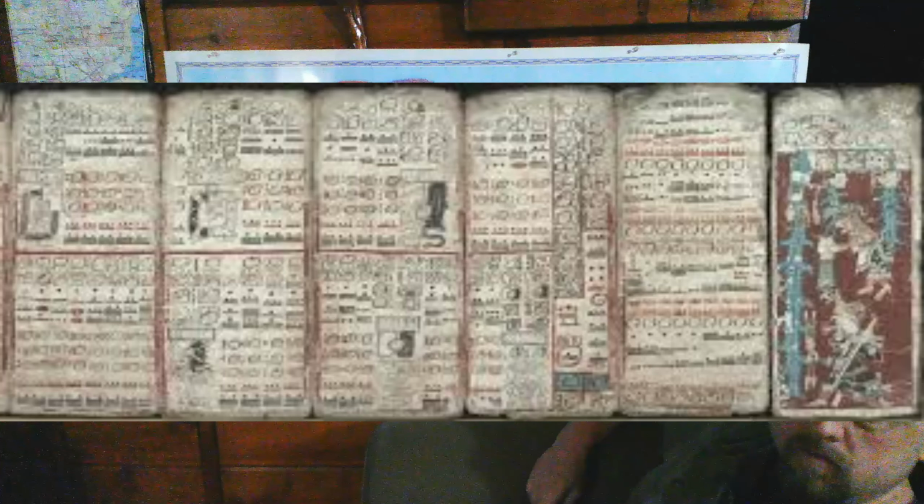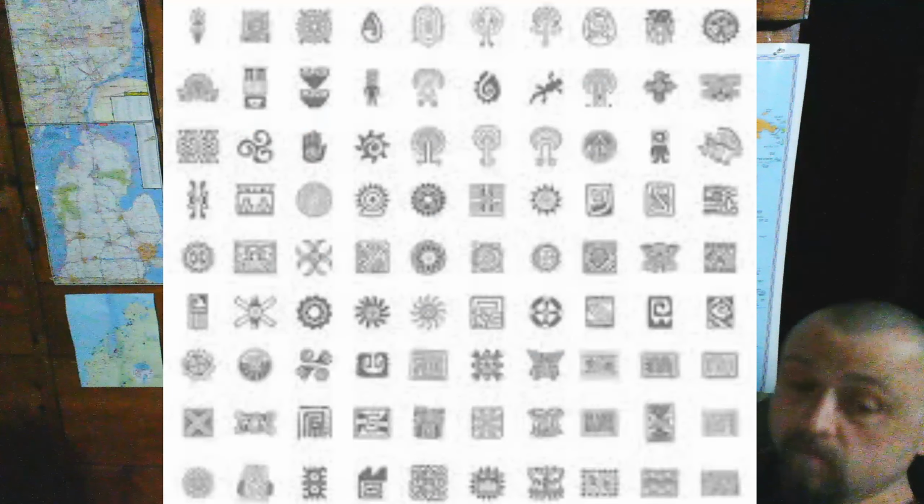Didn't really get into their writing. There's the four surviving codexes. I've even seen one thing that said there was five, but I don't know where the fifth is. They're usually named after the cities where they're at, like the Dresden Codex, which is in Dresden, Germany. But their language consisted of over 800 different symbols, which makes it complicated as heck.